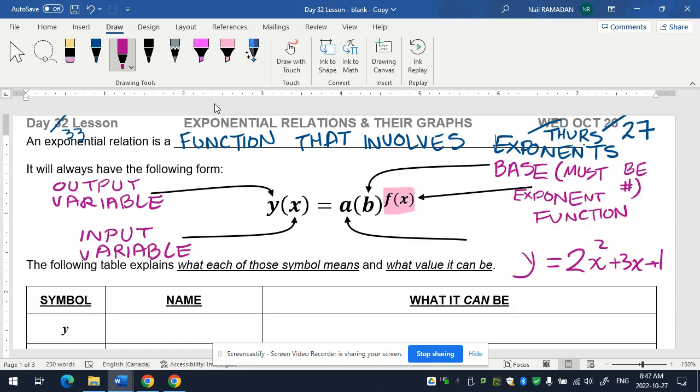So this one is called a coefficient. It's one word, coefficient. Sorry, I'm drawing a blank. C-O-E-F-F-I-C-I-E-N-T. My bad.